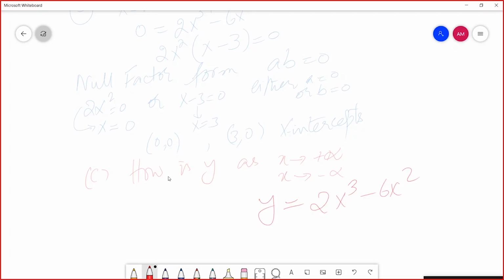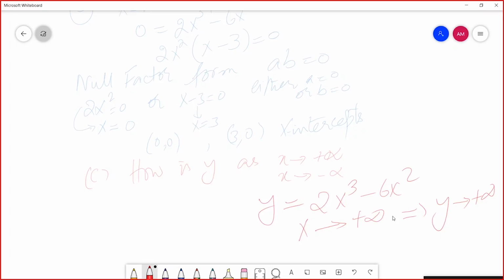If x goes towards positive infinity, which term would dominate, x cube or x square? x cube would dominate because it would be giving a bigger value. There is a minus term with x square, but x cube dominates more. Therefore, y would be going towards positive infinity.